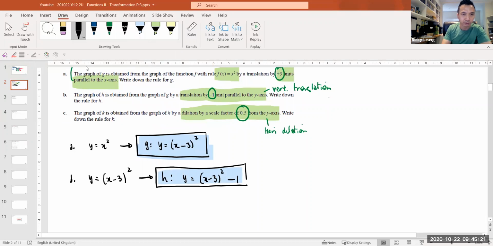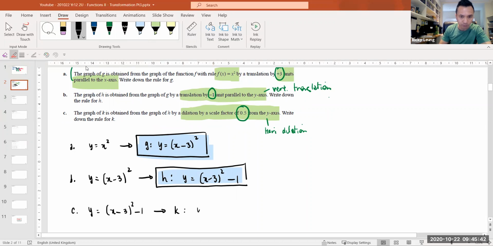Last but not least, let's see. So it looks like I start with the h function, which is from part B, and I want to transform this into function k, where a scale factor is applied horizontally. So the x is divided by 0.5.